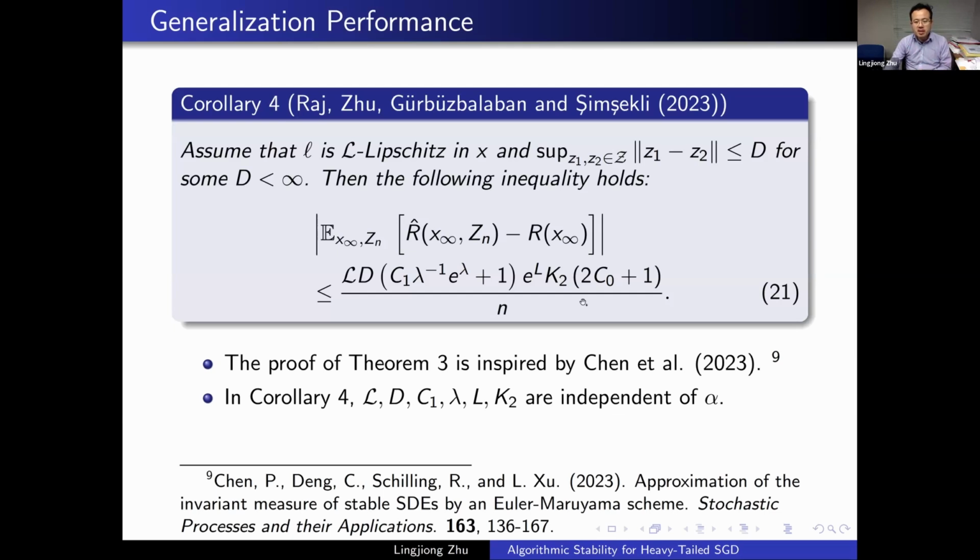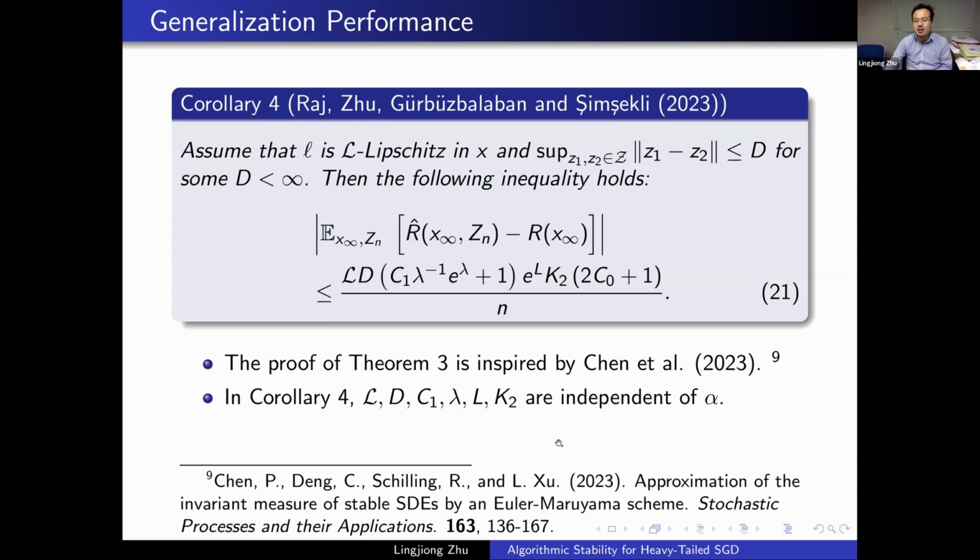For the remaining time, I hope I still have enough time, I'll mention briefly the idea behind the proof. It's possible because, well, I shouldn't say we, Umut actually discovered this applied probability paper, which was only published last year in Stochastic Processes and their Applications.